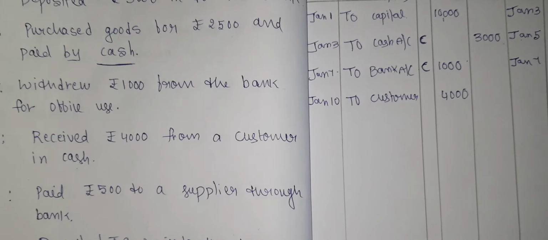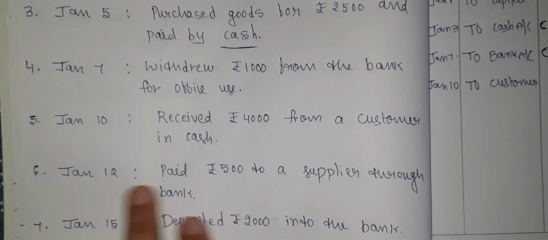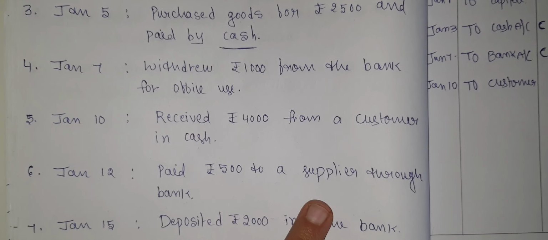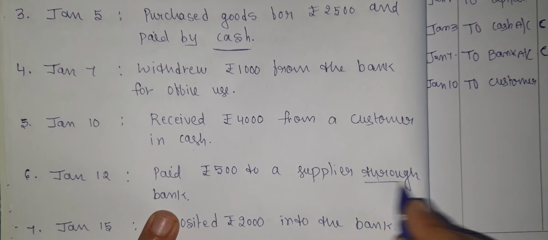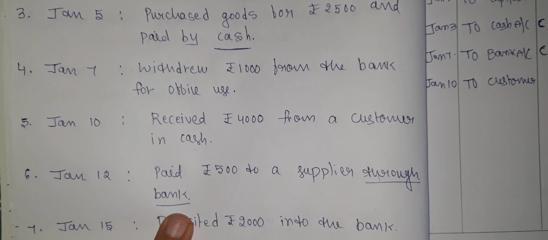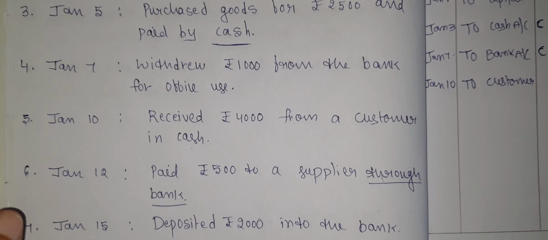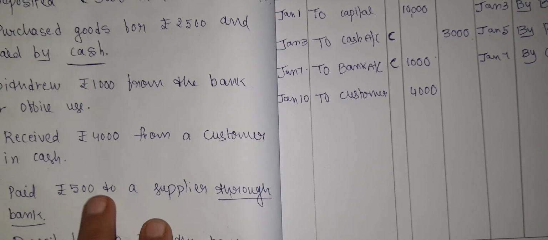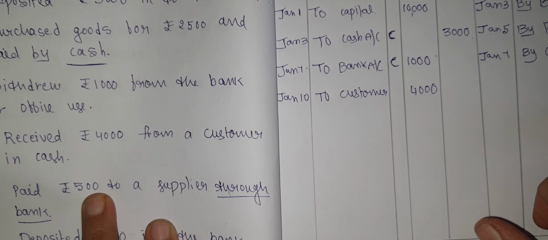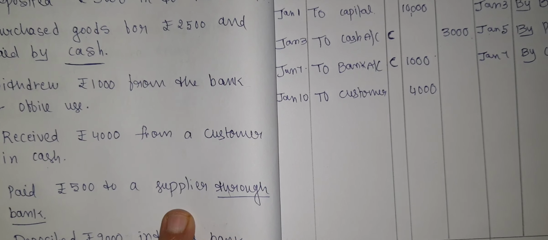And next one, on Jan 12, paid rupees 500 to a supplier through bank. Here, through bank means we have to enter the amount in the bank column, that is rupees 500. It comes under payment side because we are paying the amount to the supplier.